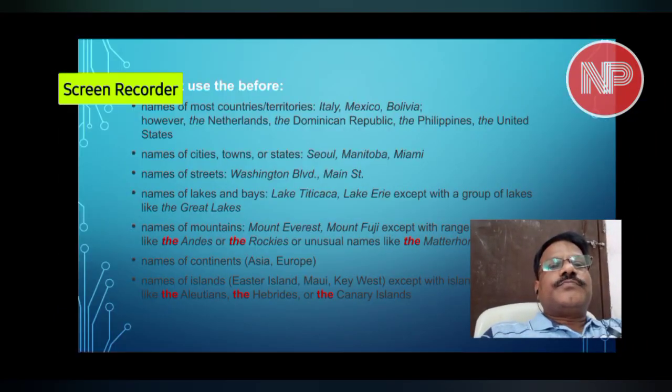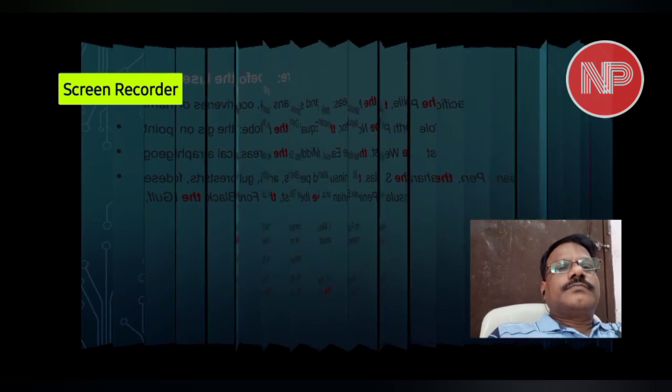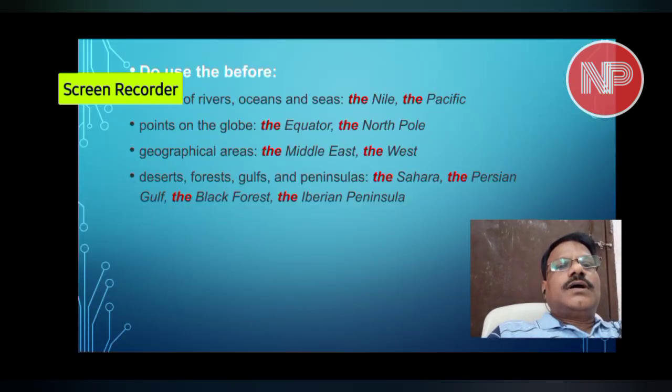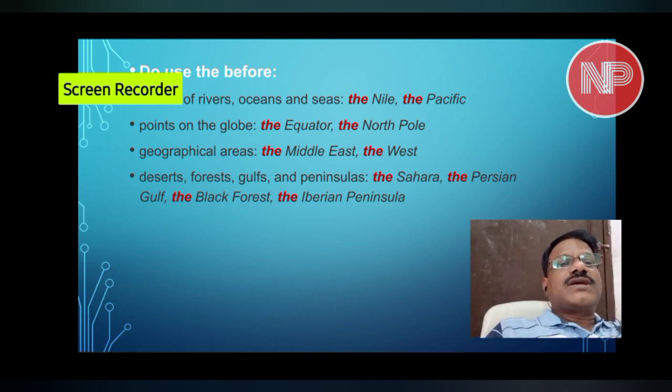Most of the times, as you know, see, names of rivers, oceans and seas, for example, the Nile, the Pacific; points on the globe, the Equator, the North Pole; geographical areas, the Middle East, the West; deserts, forests, gulfs and peninsulas, the Sahara, the Persian Gulf, the Black Forest, the Iberian Peninsula, like this.